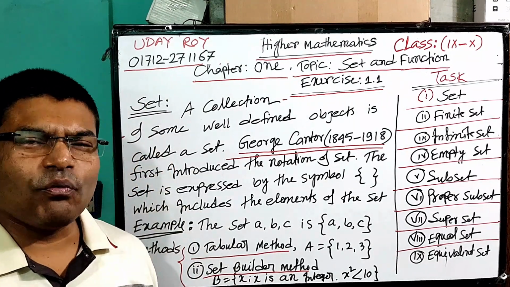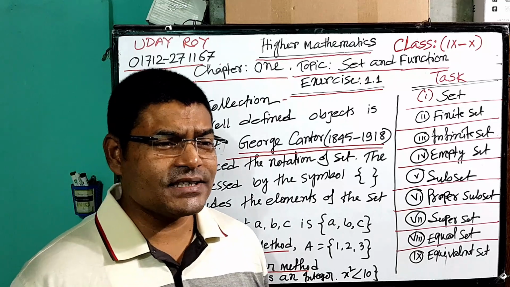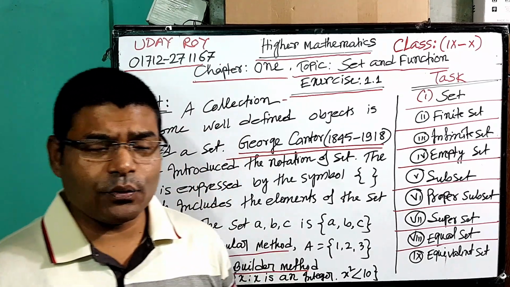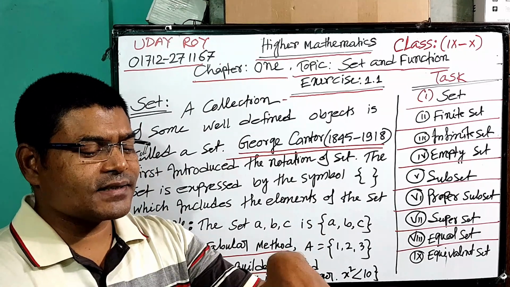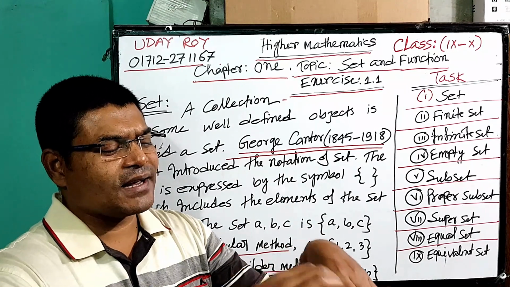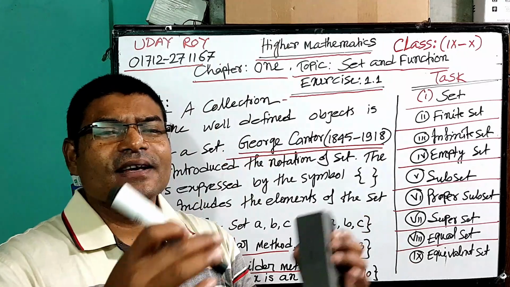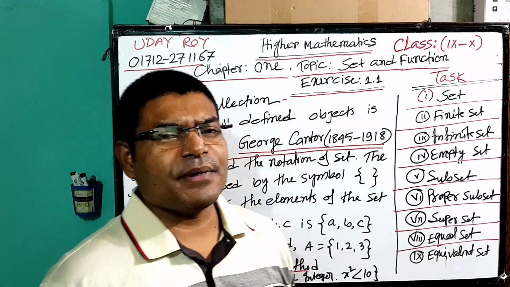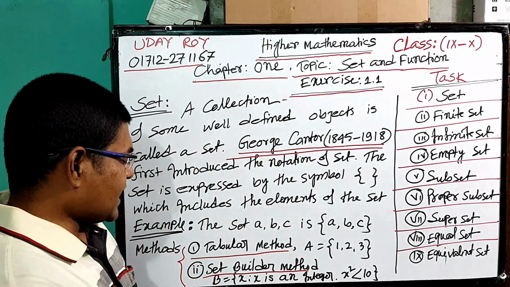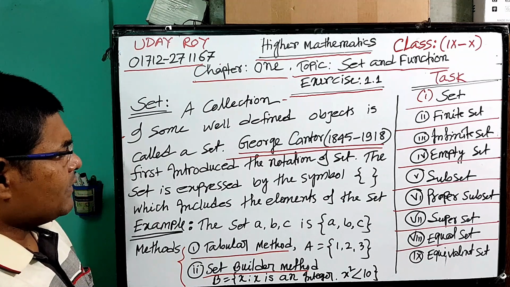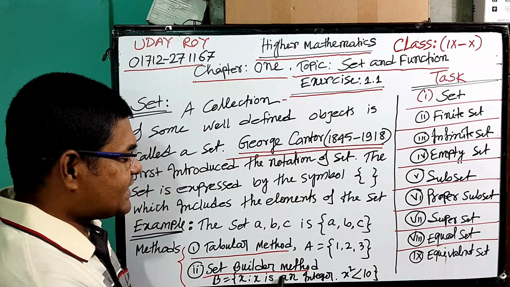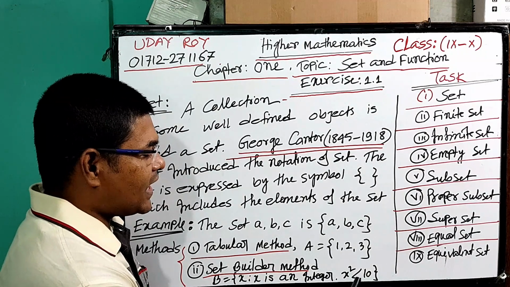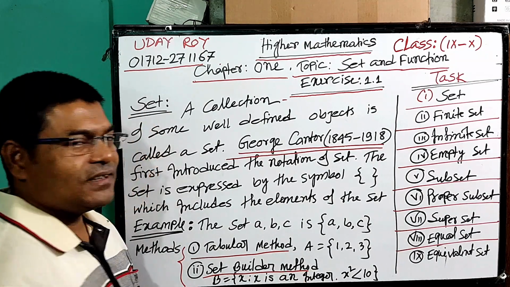So if we want to build a bridge or a building, then we have to take lots of bricks, then concrete, cement, etc. So in the set builder method, we can see this type of symbol: x such that x is an integer number, x square less than 10.